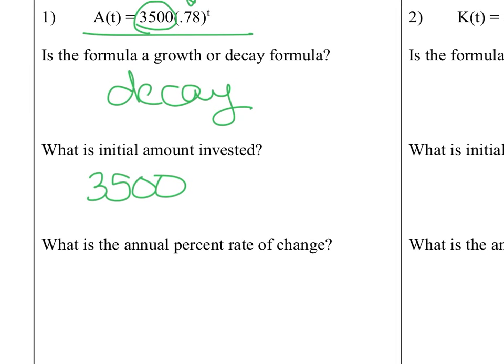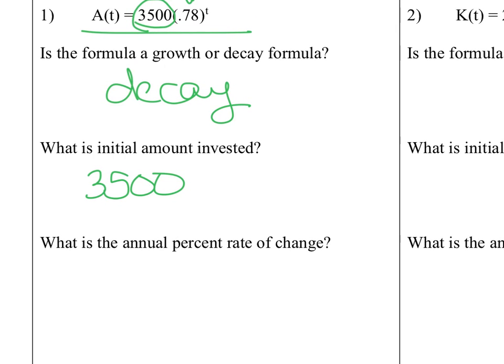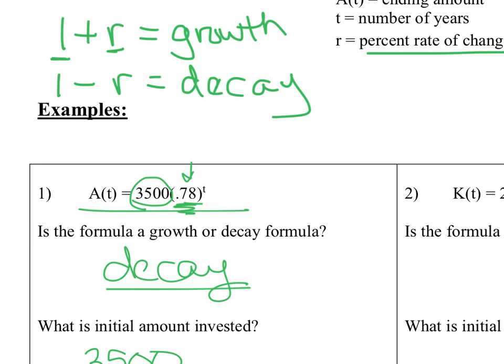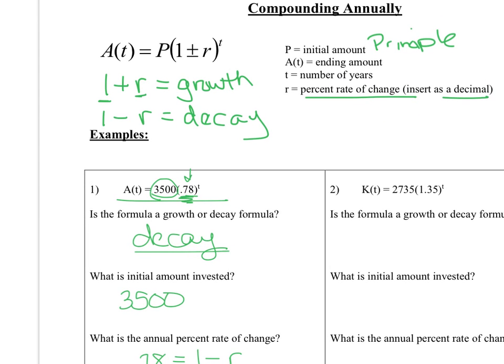And then what is the annual percent rate of change? Well, I know that this is a decay problem. So I know to find 0.78, this number right here, I had to do 1 minus R. Okay, because that's the formula that we have up here. I know it feels like I'm going really slow and annoying you, but it's important that you understand that up here, 1 minus R was a decay.